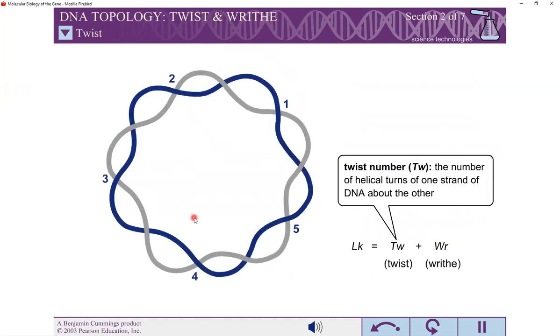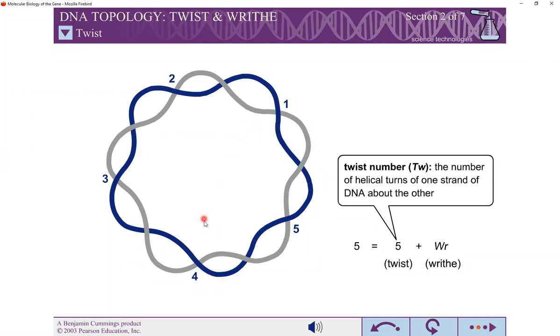Twist is simply the number of helical turns of one strand about the other. In other words, the twist number is equal to the number of times one strand crosses in front of the other strand. If cccDNA is lying flat in a plane, the linking number is equal to the twisting number. Okay, so this is important.